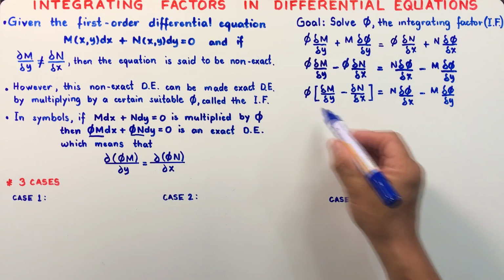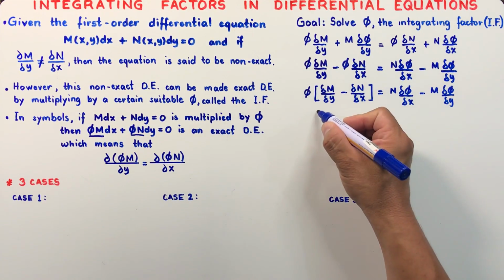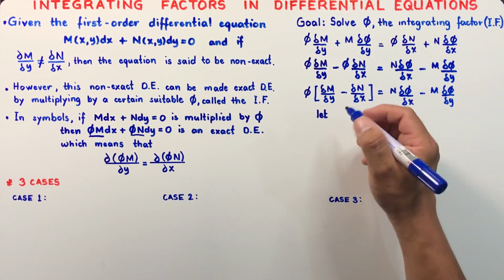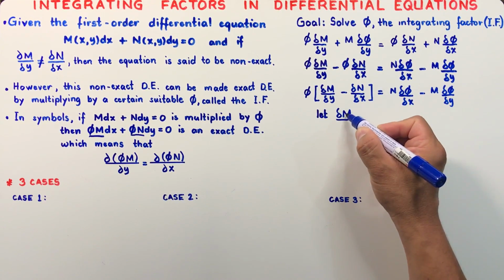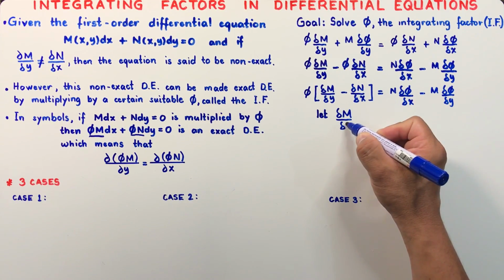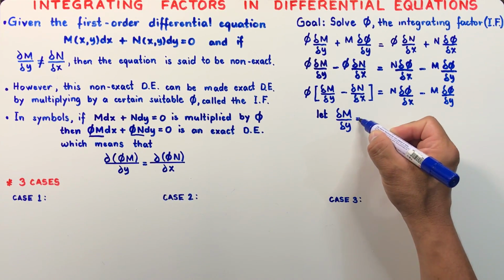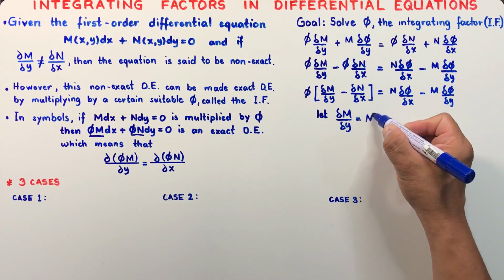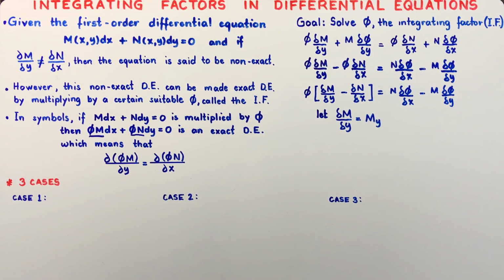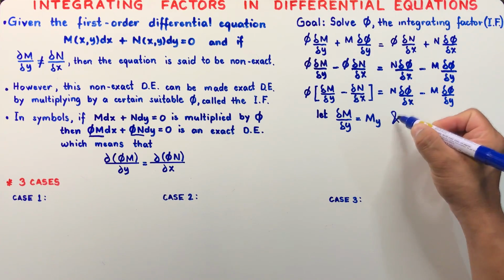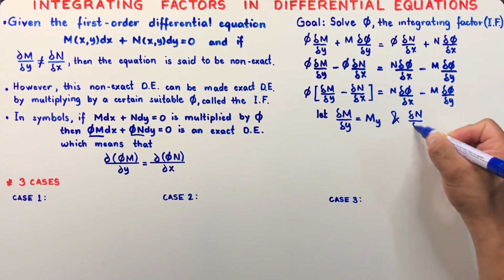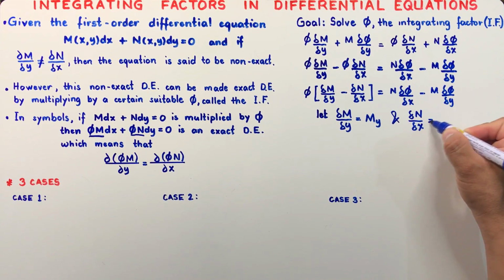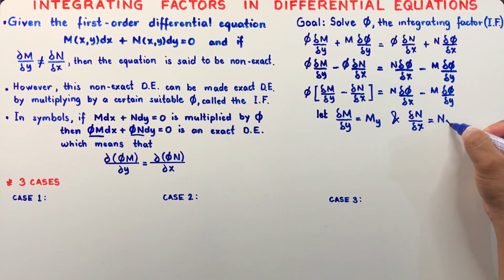And because this is very scary to see, we will replace that symbol by a symbol that is very light for us. So the partial derivative of M with respect to y can be replaced by simply M sub y, or just My. And the partial derivative of N with respect to x, we replace by N sub x, or simply Nx.